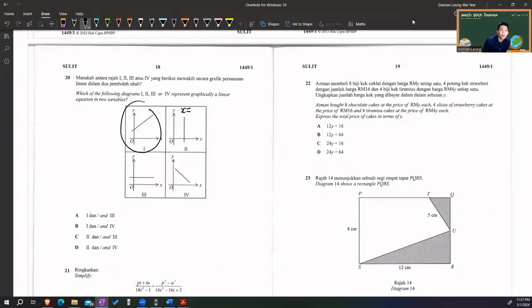So the equation I have is x equals to something, x equals to constant. This one will be y equals to constant, horizontal line, constant y. This one changing x and y has both y and x. So the one with both variables, both x and y in the equation is 1 and 4. So 1 dengan 4.